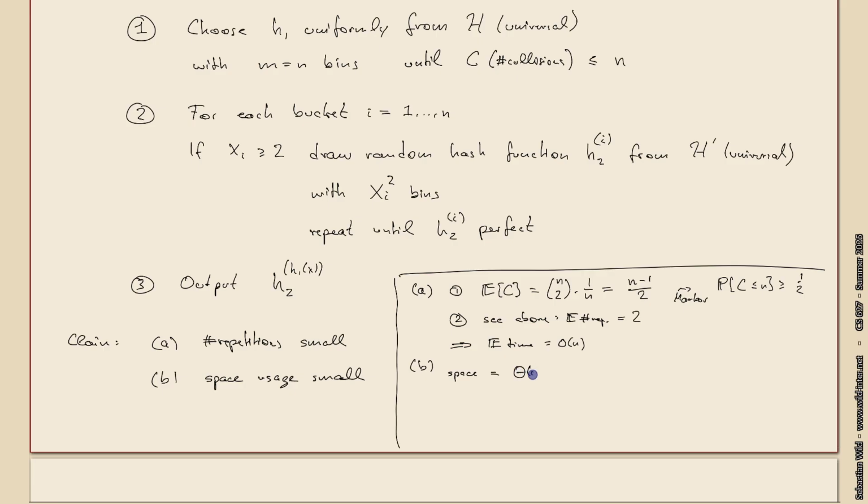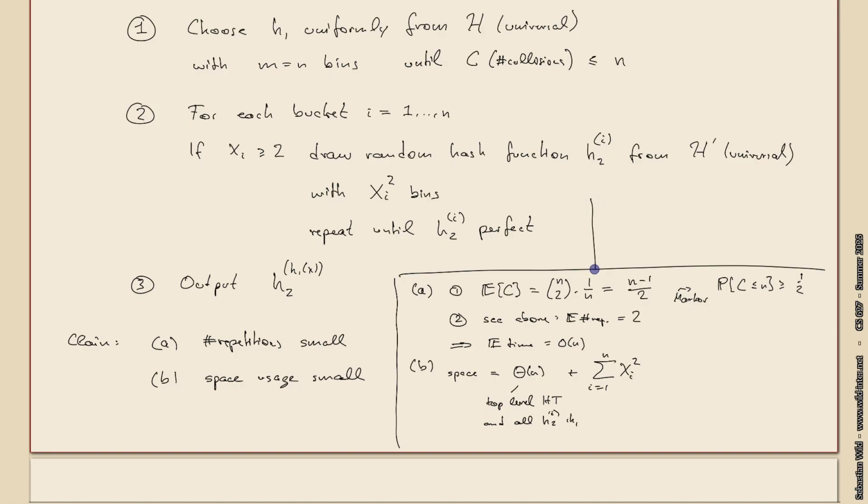So we have linear, that's for the top level hash table and all hash functions. And then we have a part that comes from the secondary hash tables. And because these all use xi squared bins, what we get is the sum over all the bins, xi squared. Now that seems potentially scary. All we know is that the number of collisions is bounded, but we already know how these relate.